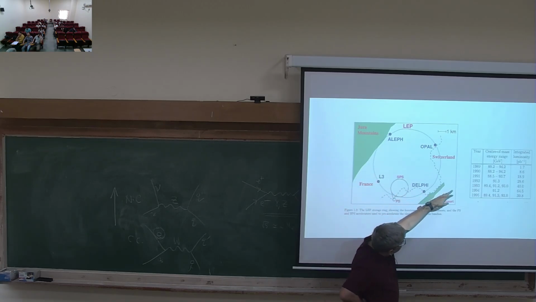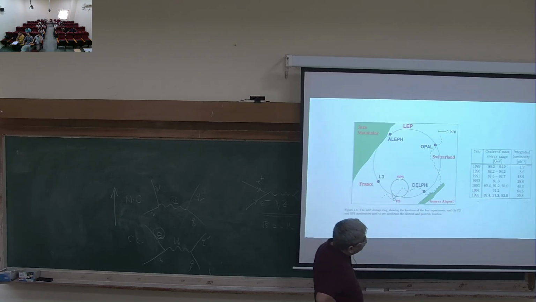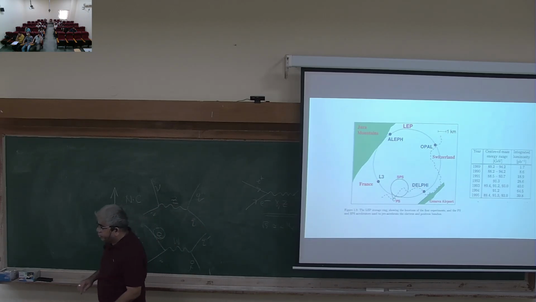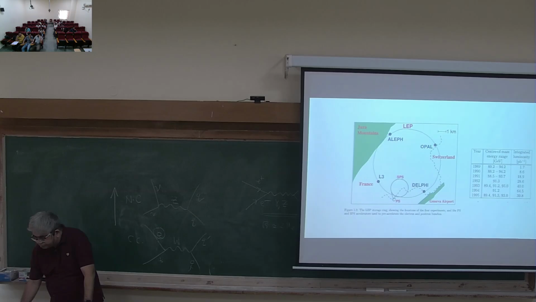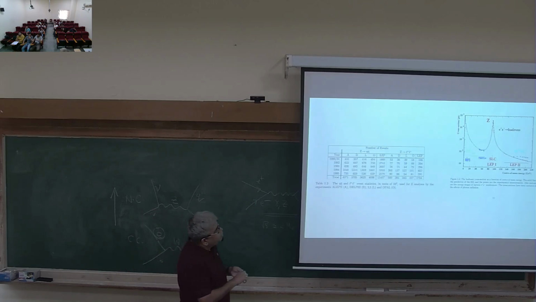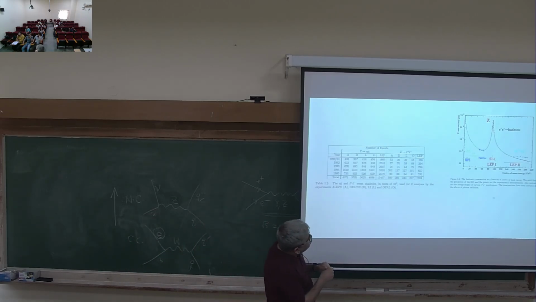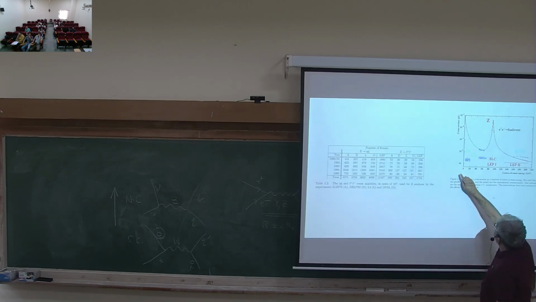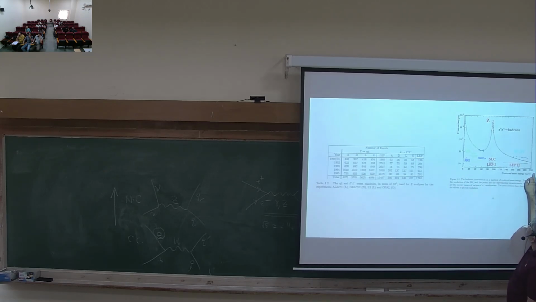So they ran with center of mass energies around 93, 94, 95 with integrated luminosity. Now these integrated luminosities look very small compared to what LHC has. Now this is the point. The main thing was that they want to sit at the Z pole. So now you see the cross section on the y-axis and the center of mass energy.